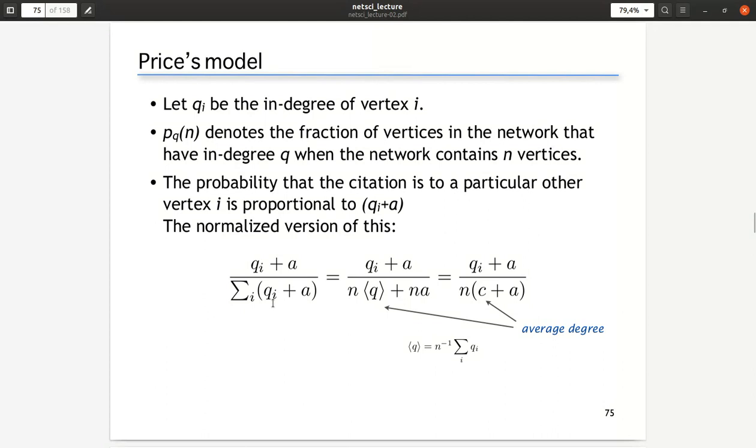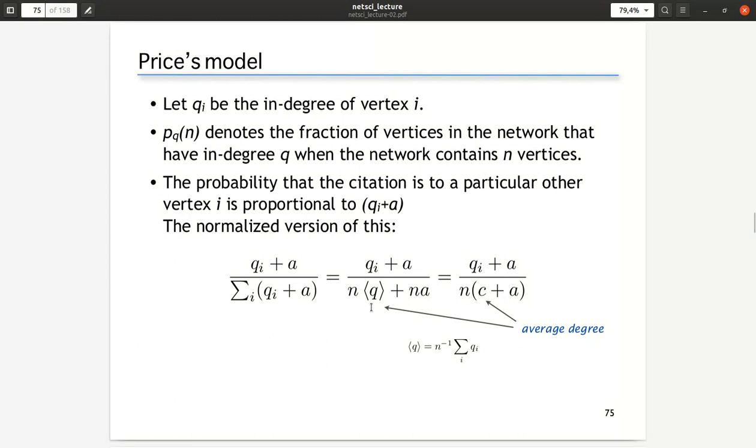Now if we do the summation, of course this could be done independently. We have n nodes, so i goes from 1 to n. So the sum of the q_i is equal to n times the average of q. This is a reminder that the first moment of q, which is now the in-degree, can be expressed in this way, because this is basically the average in-degree.